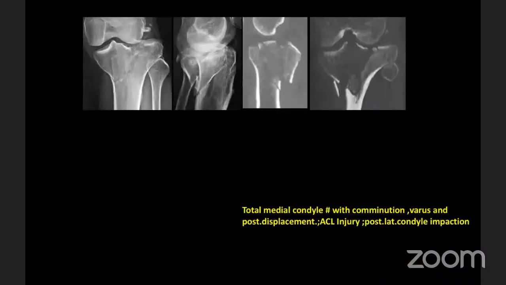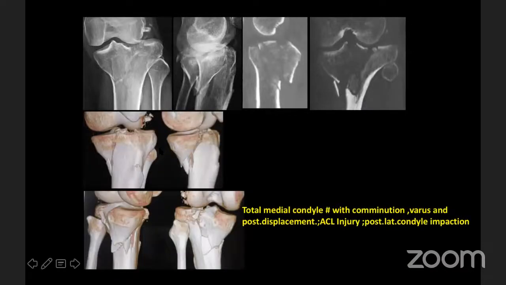So another one, same fracture. Complete, but there is more comminution here. See, here comminution, here comminution, here comminution is there. Okay. Jignesh bhai. Yes, sir. The posteromedial plate plus, in some cases we discussed that it will require 2 plates, one sagittal and one.